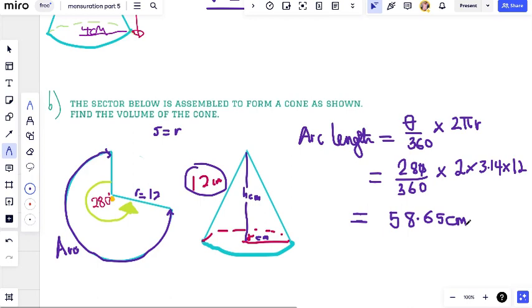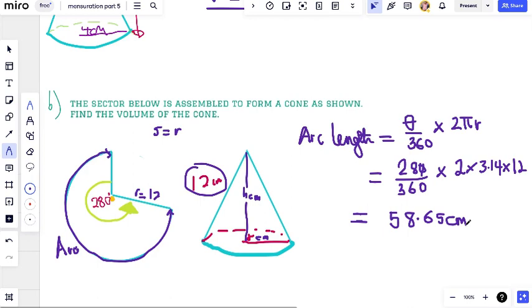And remember, the base circumference is 58.65 centimeter. Okay? So that's the first one. The next thing for us to do is to calculate the base radius of the cone.